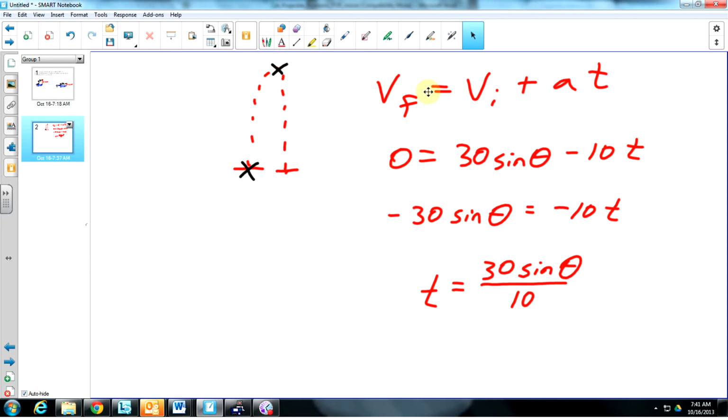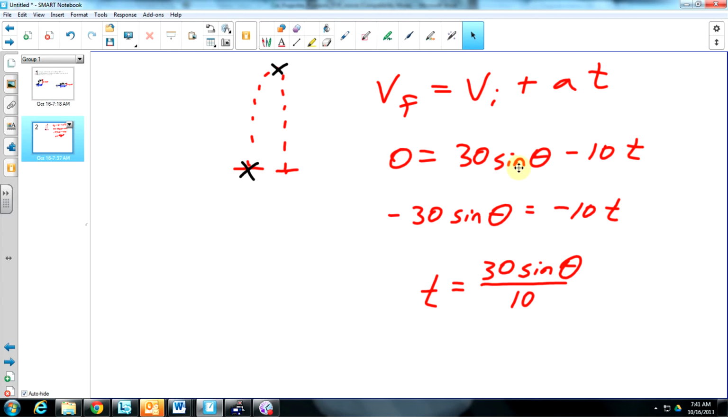I can say VF equals VI plus AT, 0 being VF, 30 sine theta, which is ugly, but that's the vertical initial velocity, so we put that in for VI. A is negative 10. T is the time on the way up only, so that's half the time. Later on, we're going to need to multiply that by 2.